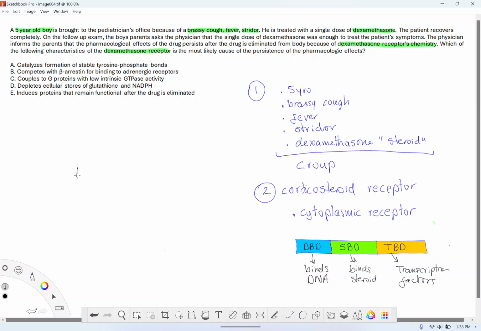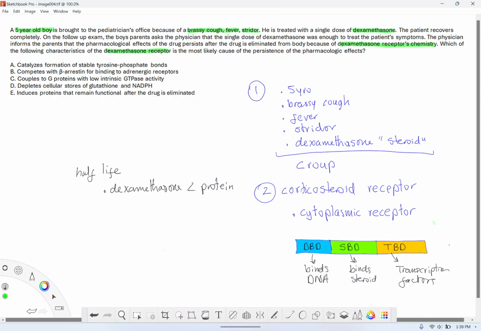So the half-life of dexamethasone is less than its product. What is its product? Proteins, right? So the protein will keep doing whatever it needs to do to fight off the infection, in this case, the parainfluenza virus that causes croup.